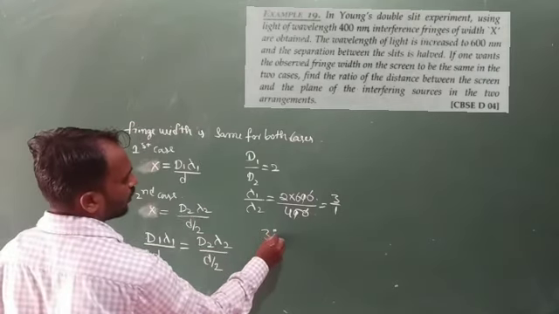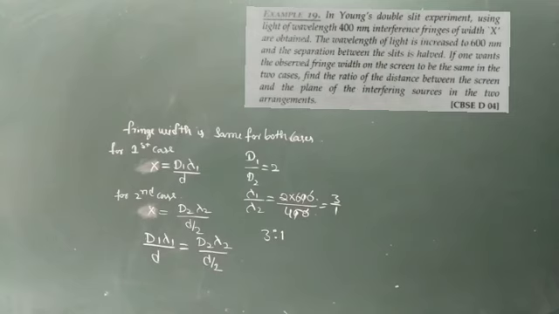So the ratio is 3 is to 1. Whenever the slit separation is exactly halved, the ratio of the distances, with wavelengths 600 nanometer and 400 nanometer, is 3 is to 1.